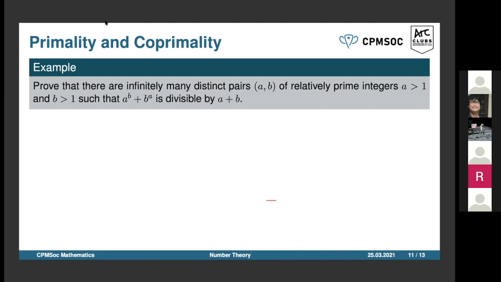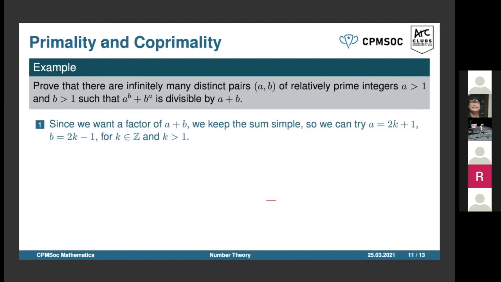So next point, we have if a and b are both... is it just not updating for me, or like next slide? There we are. Okay, so we want a factor of a plus b, and we want to keep it simple. So we can try a and b being 2k plus 1 and 2k minus 1, for example.